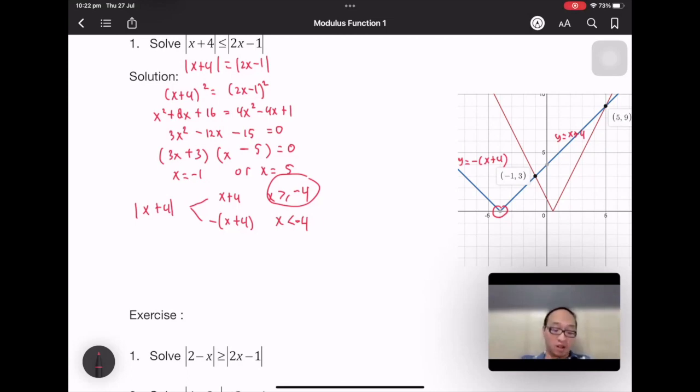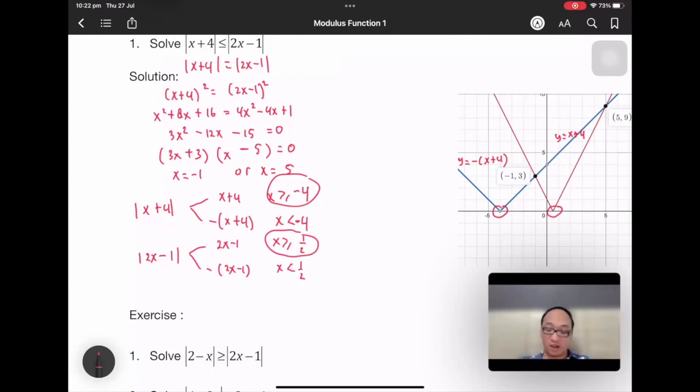And for the right part, the modulus function of 2x minus 1 can be positive 2x minus 1 for x greater than or equal to 1 over 2, and it's the negative of 2x minus 1 for x smaller than 1 over 2. So draw 1 over 2 on the x-axis, so this one.